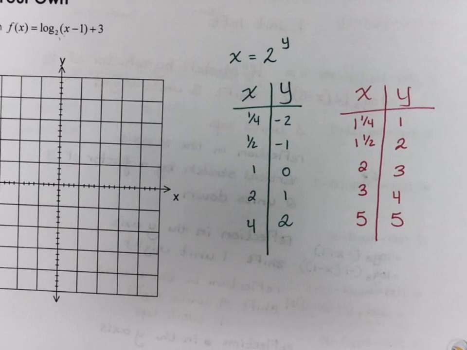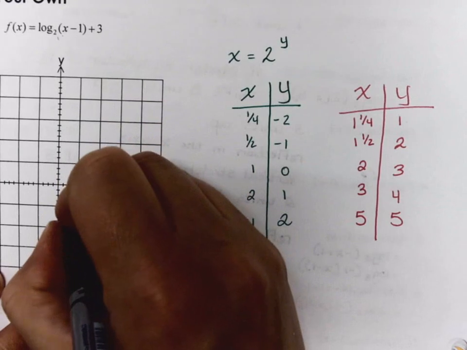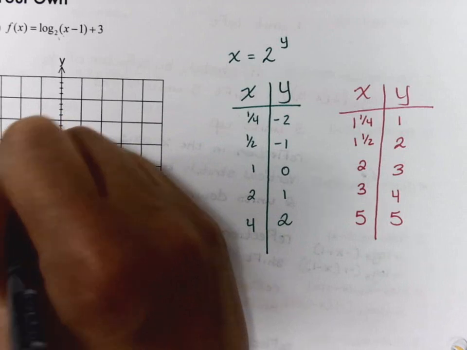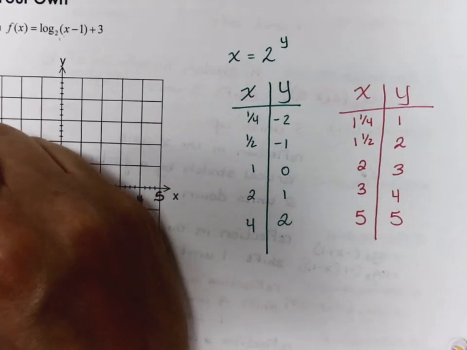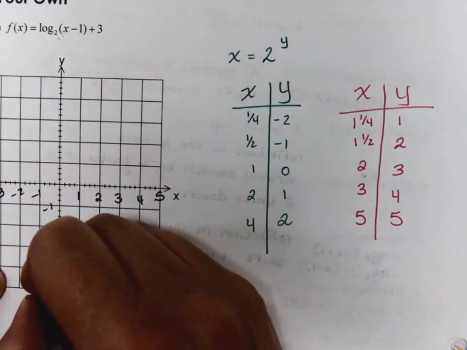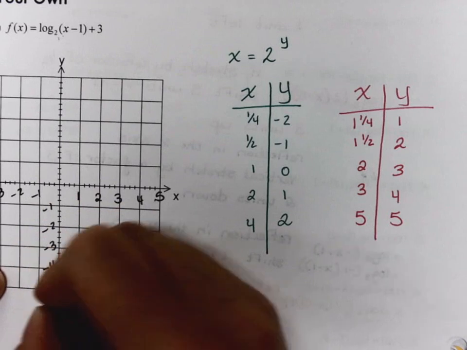So that's what you've got to remember. Exponential functions have a horizontal asymptote, so it's going to be affected by the vertical shifts. Logarithm graphs, the asymptote is vertical, so it's going to be affected by the horizontal shifts. Your table of values will kind of lead you to it, but if you can remember that, that's going to be helpful. We don't have any reflections, so I anticipate all my data being to the right of the asymptote.